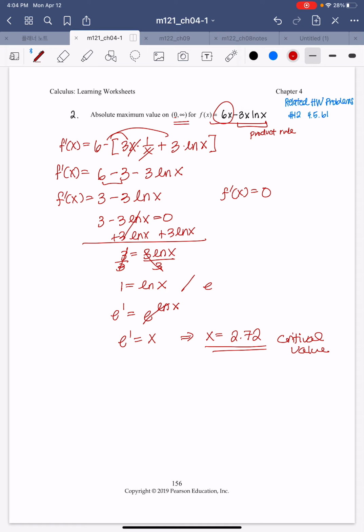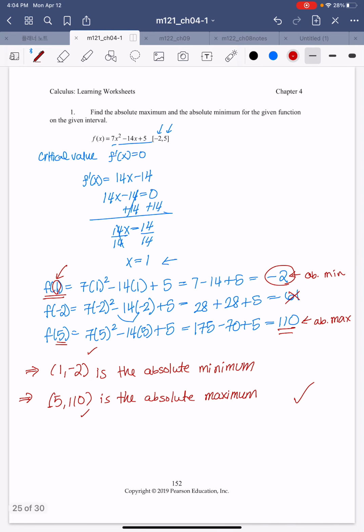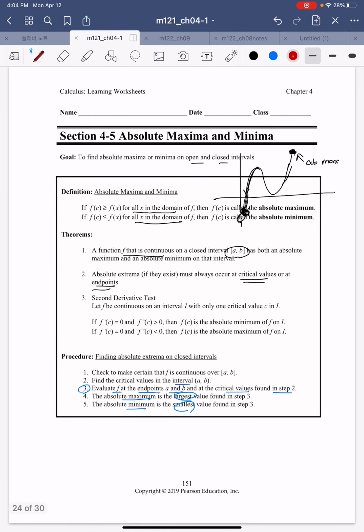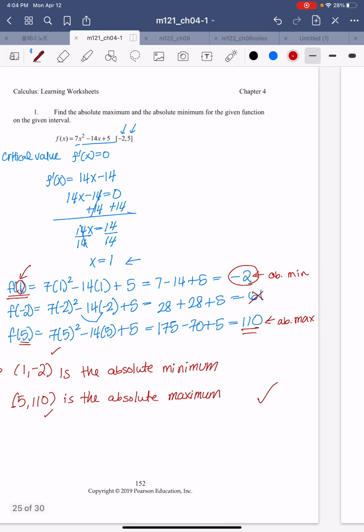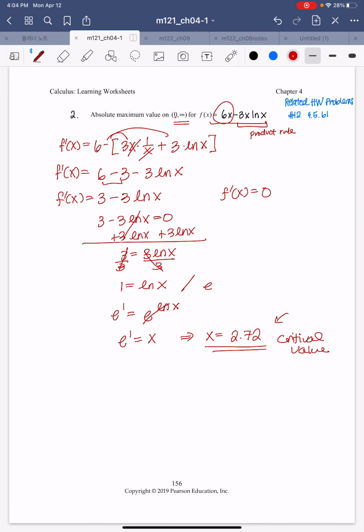It is an open interval. It's not a closed interval. So we do not need to check our endpoint because 0 is not included. Endpoints only have to be checked when it's a closed interval. So there's only one possibility. That's our absolute max.